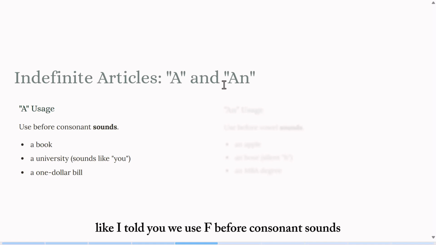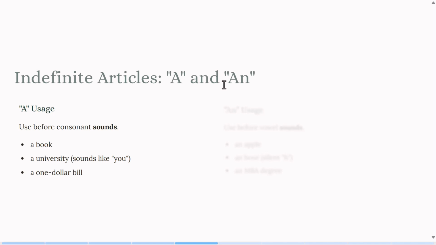Like I told you, we use a before consonant sounds, not consonant letters. So in here, university, the U sounds like Y-U, not a vowel sound. A $1 bill. So why do we use a before one, although one starts with a vowel letter, O? See, like I mentioned before, one in here, O sounds like W, one, a $1 bill.